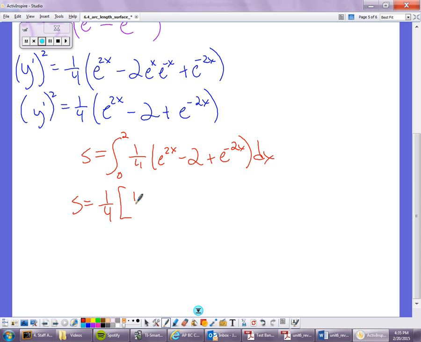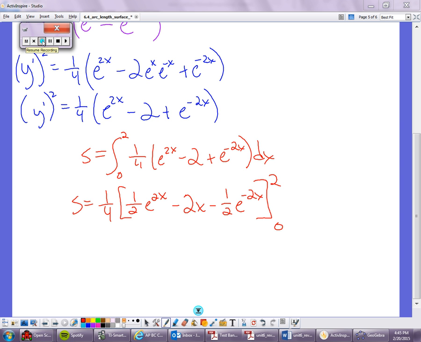For e to the 2x, the antiderivative is 1/2 e to the 2x. Then negative 2x, and then this will be negative 1/2 e to the negative 2x. And we're going from 0 to 2.